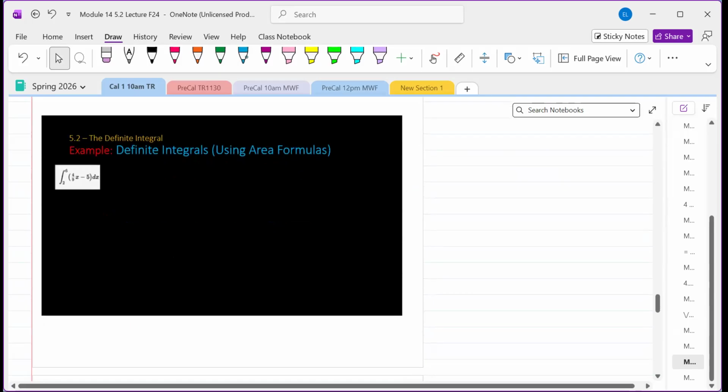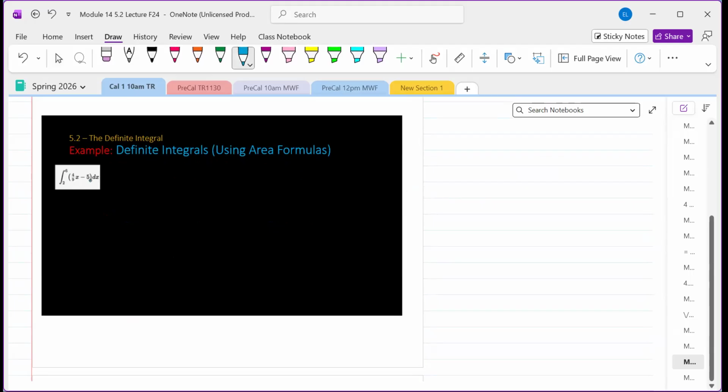So our definite integrals are areas under a curve. So if I have like 4x minus 4/9 times x minus 5, this is a straight line. A diagonal line. Goes through -5, and then it has a slope of 4/9.